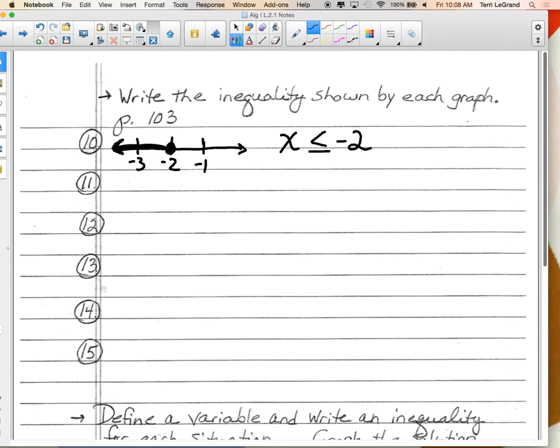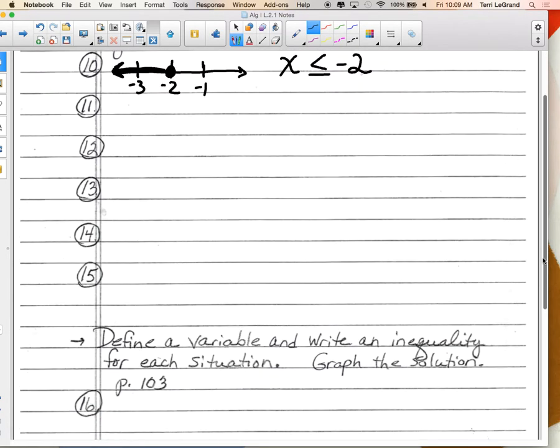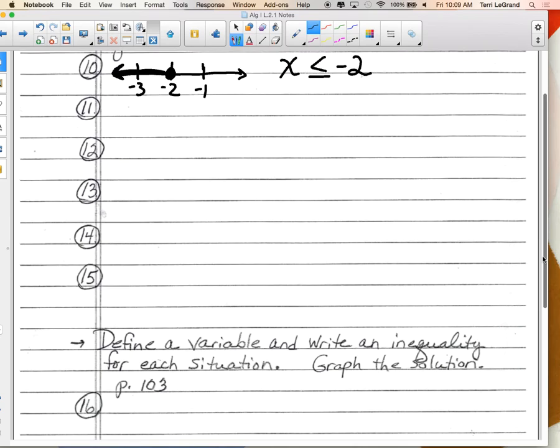Let's go right now and recreate all of these on your paper. Just get the graphs for right now. And then once you have all the graphs made, start naming them and we'll run through them.